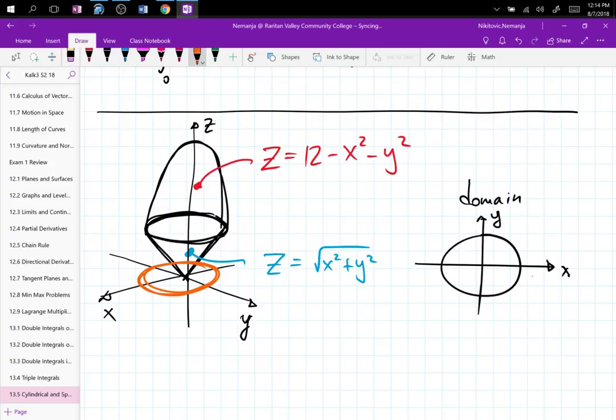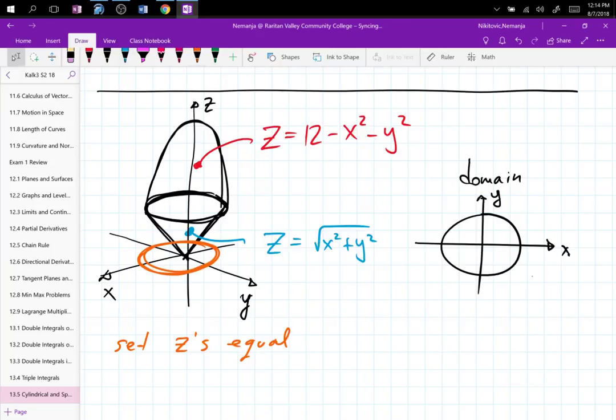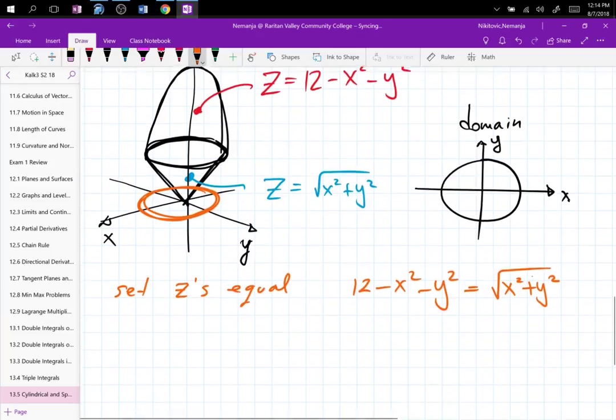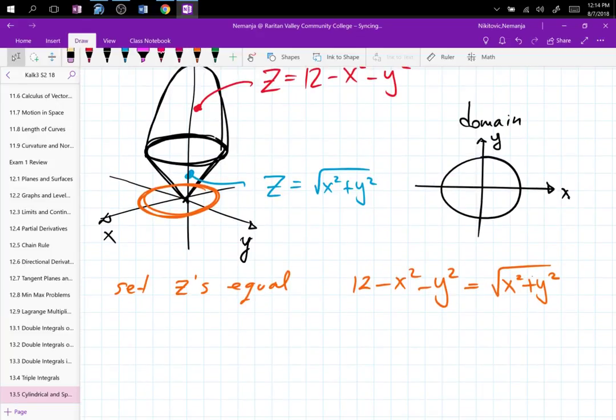So the orange stuff, set z's equal. We have 12 minus x squared minus y squared is equal to the square root of x squared plus y squared. And now all we need to do is to solve this, right?